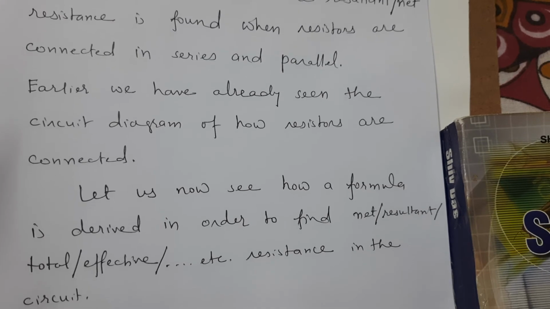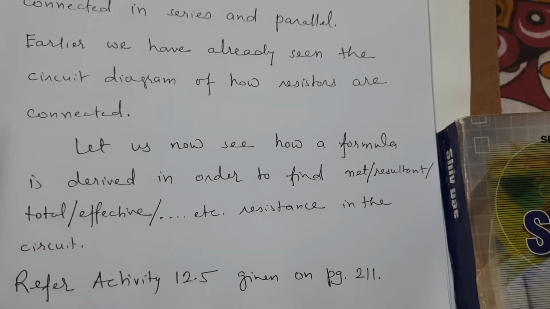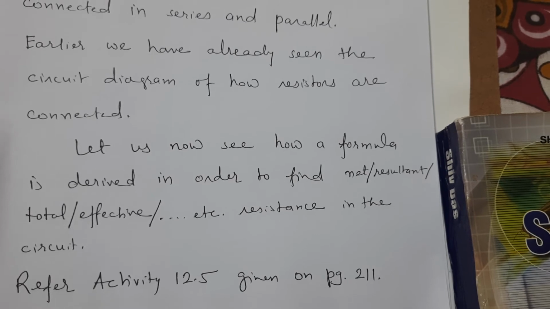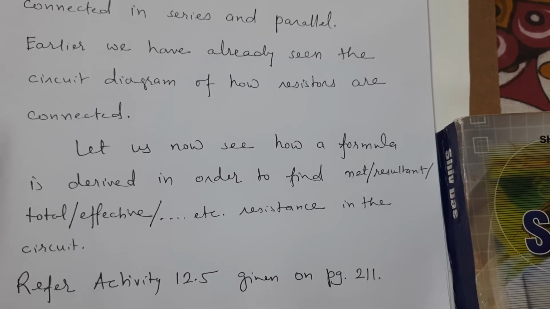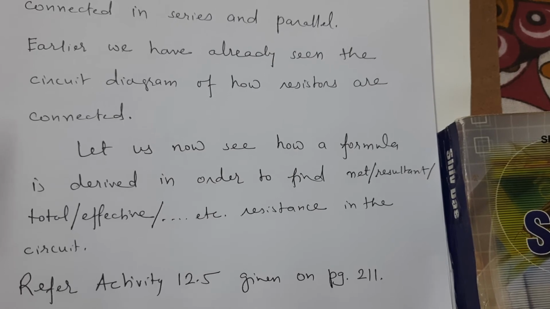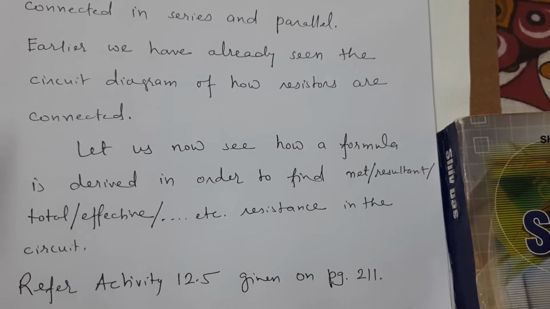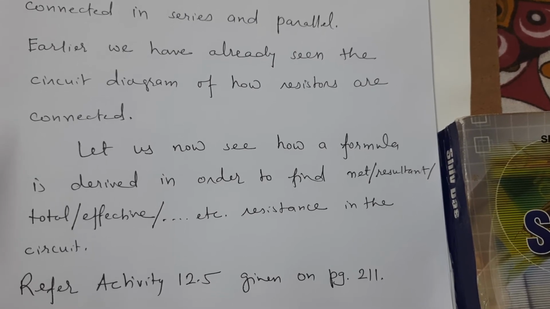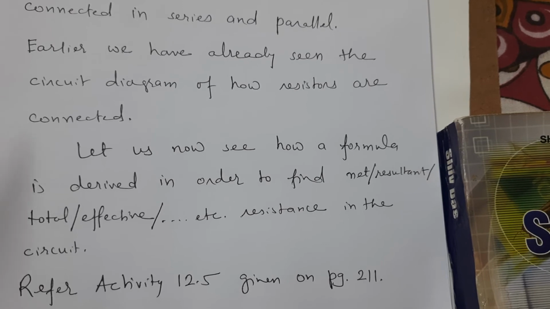Let us now see how a formula is derived in order to find the resultant or effective resistance in the circuit. These words mean the same, but in order to confuse you, such words can be used: net resistance, find resultant resistance, find total resistance, or find effective resistance.